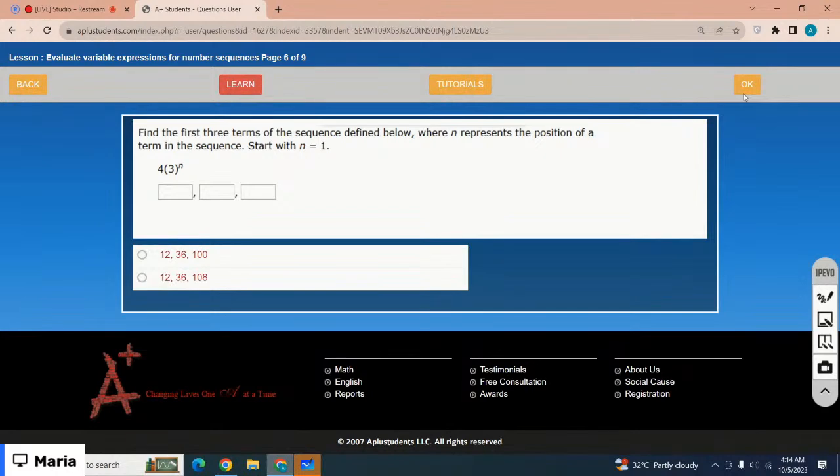That would be 12, 36, and 108. The correct option is 12, 36, and 108. The second option is the correct one, right?